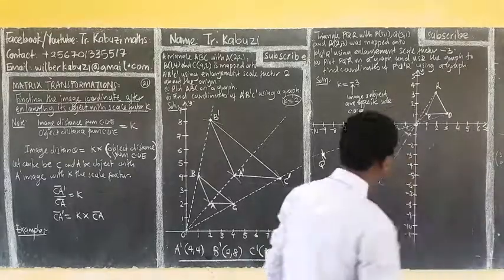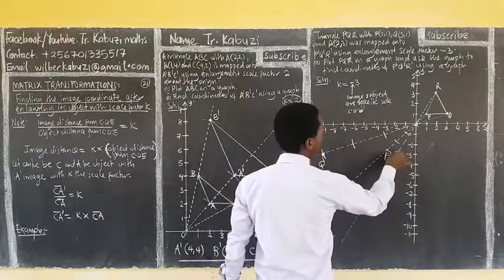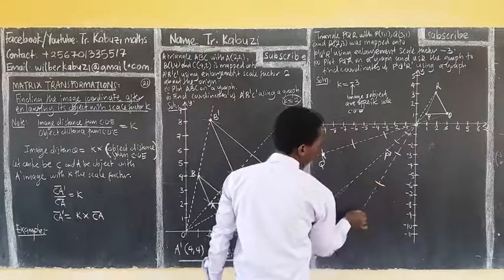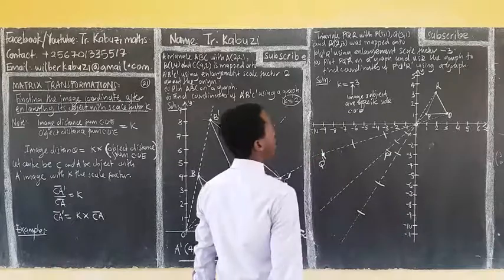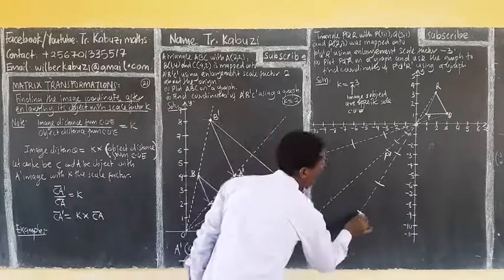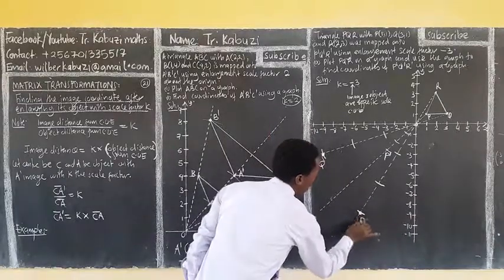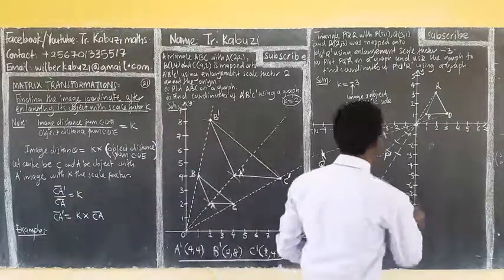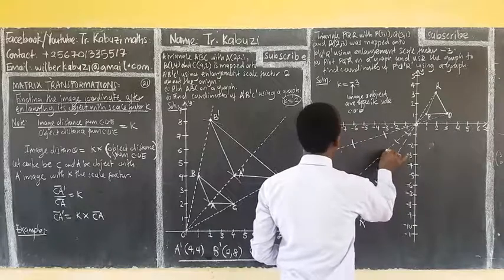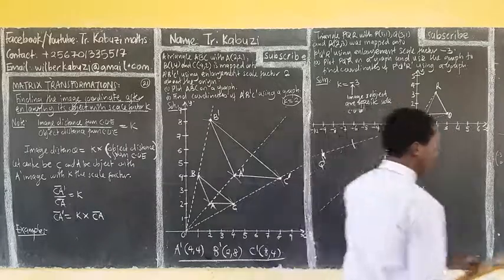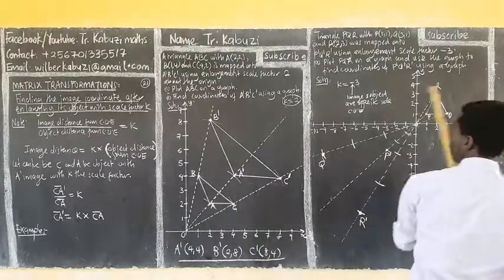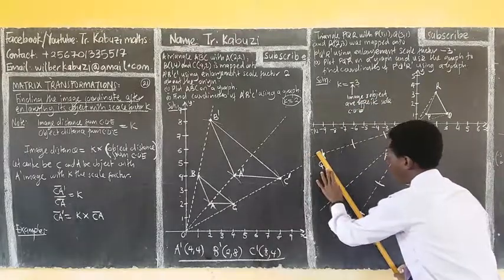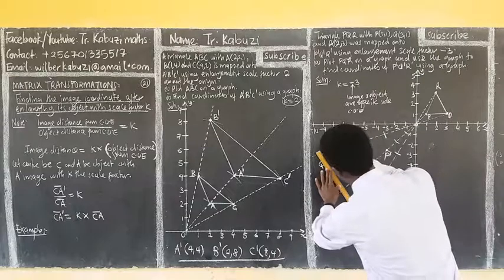This is my first arc, this is the second, and this is my third arc. Where the third remains is my R prime. Now you get a ruler and join them: you join this to this, then to this. Then with my ruler, I join these 3 points.